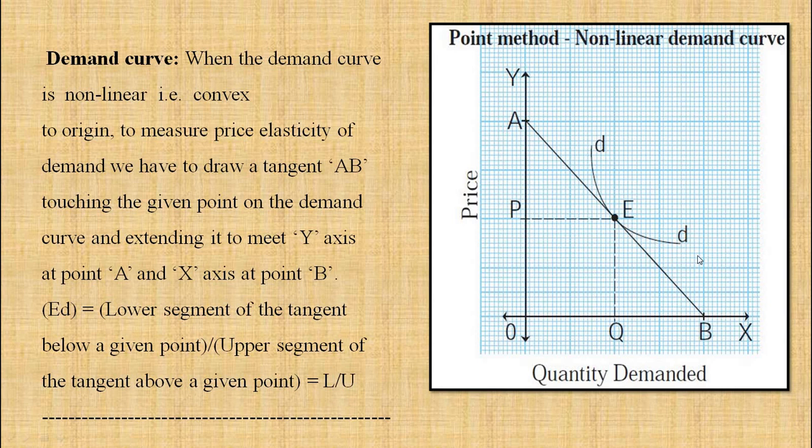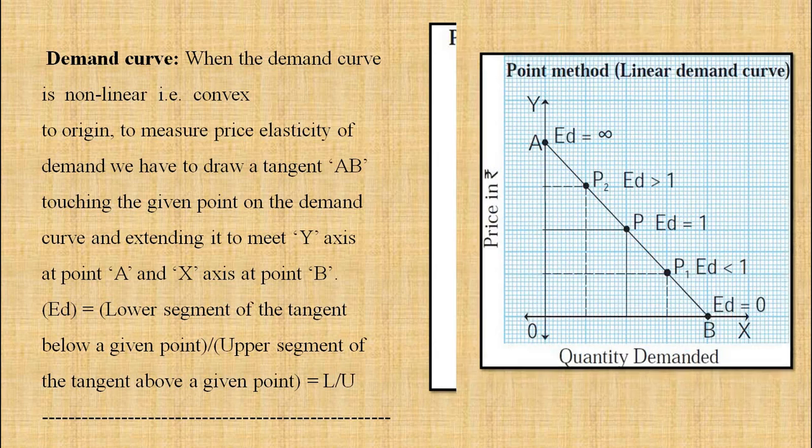So EB is the lower segment and EA is the upper segment of the demand curve.